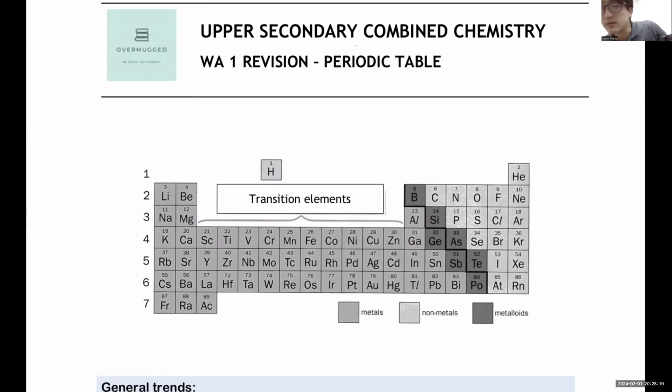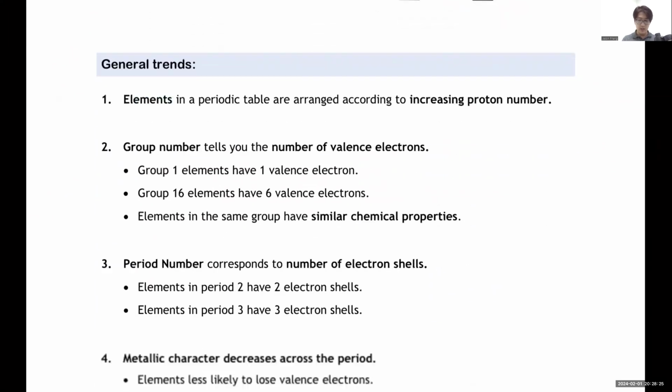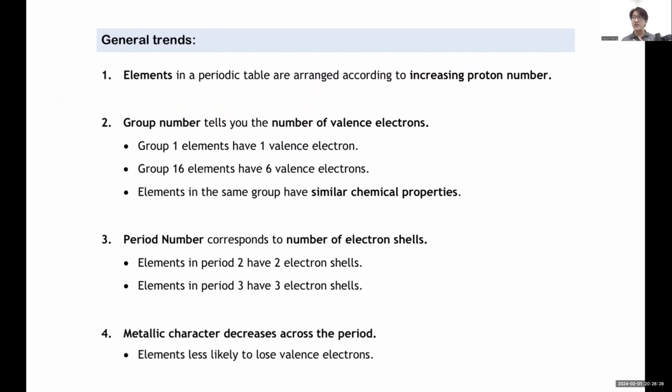Periodic table. We can use this front page as a good gauge for us as well. Very, very briefly. Group: valence electrons.